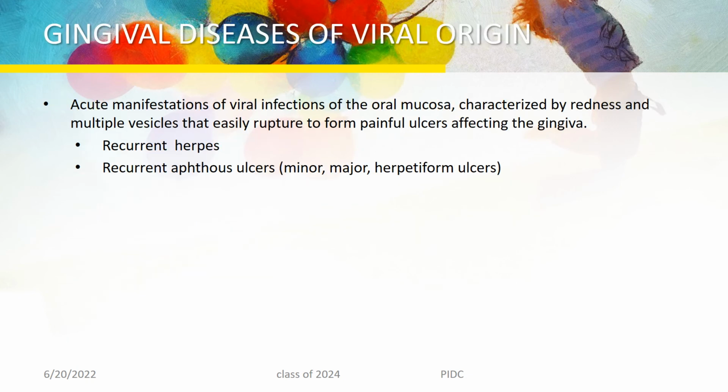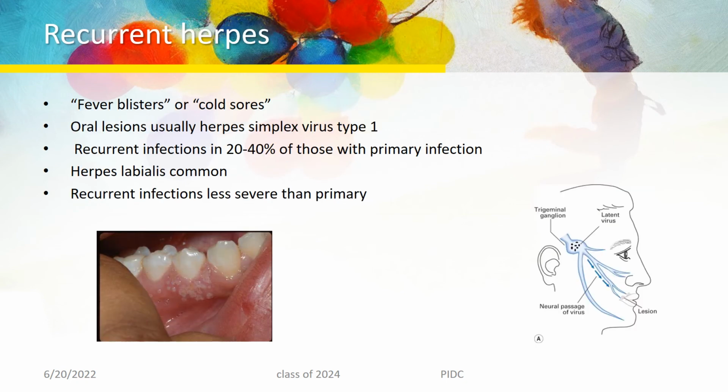Next, coming on to gingival diseases of viral origin. These are acute manifestations of viral infections of the oral mucosa characterized by redness and multiple vesicles that easily rupture to form painful ulcers affecting the gingiva. This could be either recurrent herpes or recurrent aphthous ulcers such as minor, major, or herpetiform ulcers. Next, coming on to recurrent herpes.